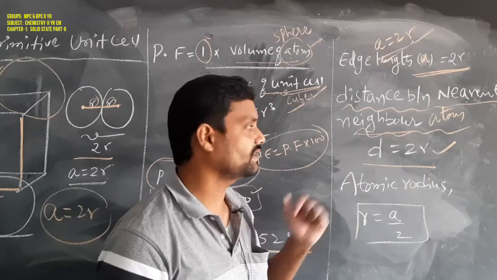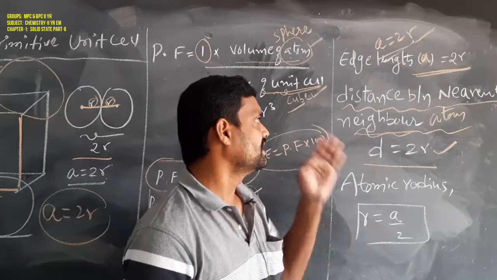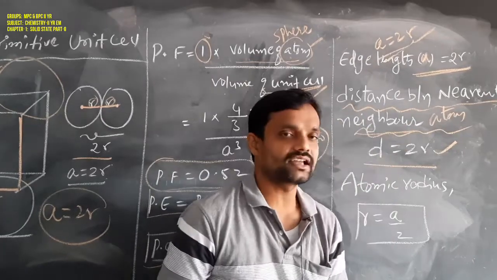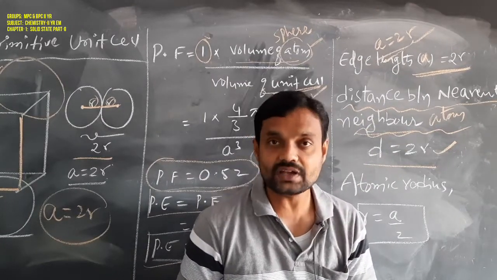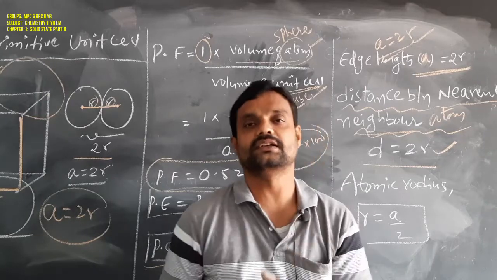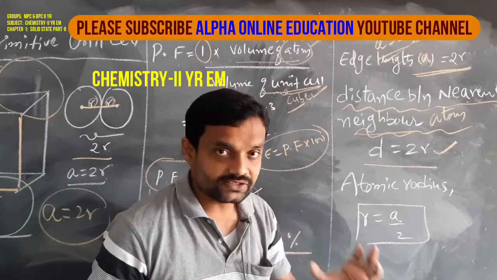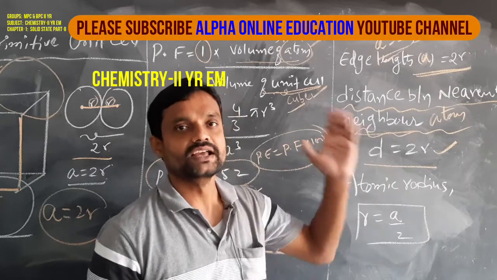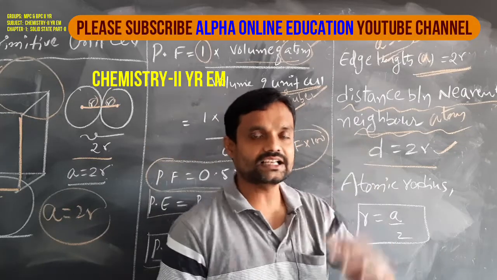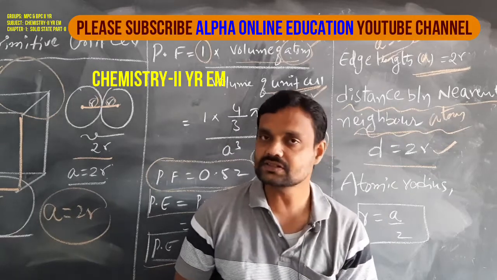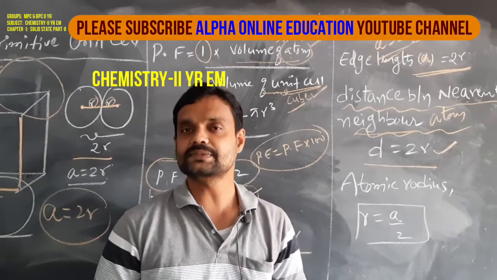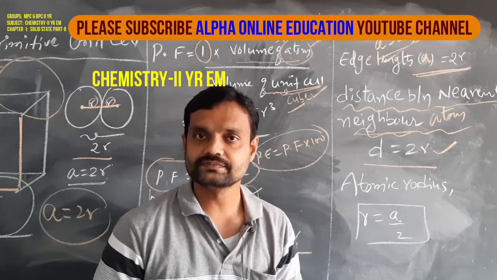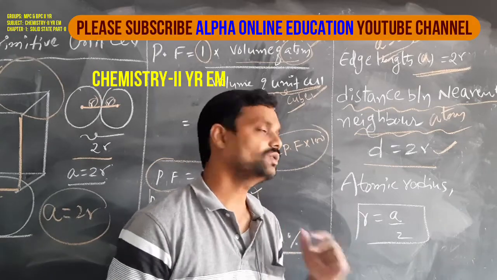By using this formula, we can find the distance between the nearest neighbor atoms for the simple or primitive unit cell. Okay, students, for the simple or primitive unit cell, the edge length a is equal to 2r, and the distance between the nearest neighbor atoms d is equal to 2r.